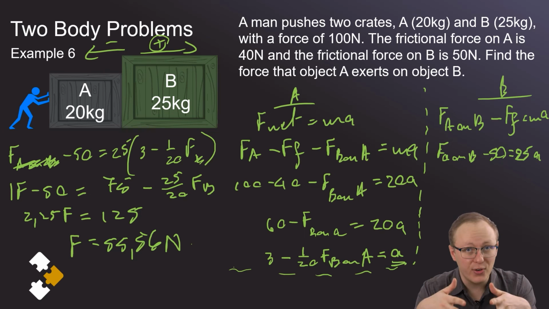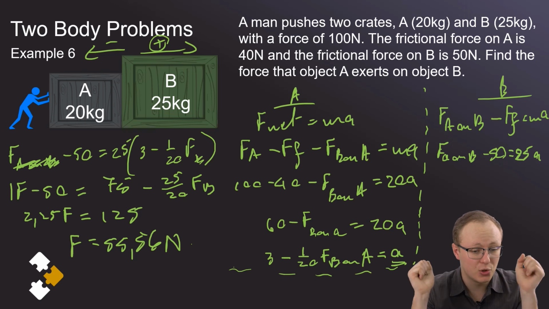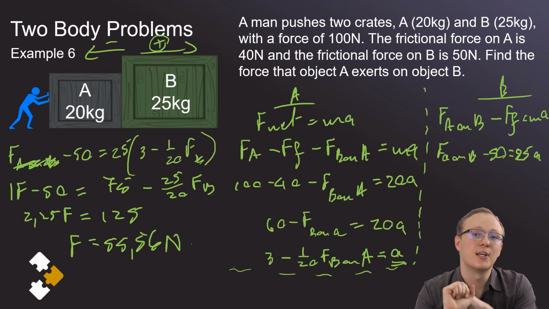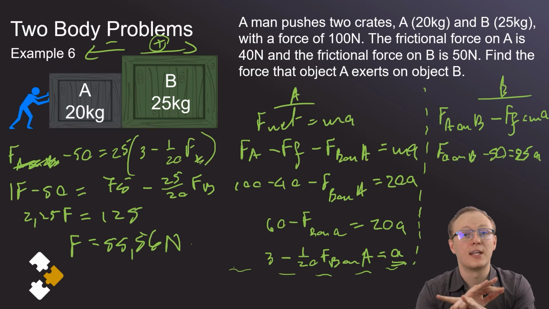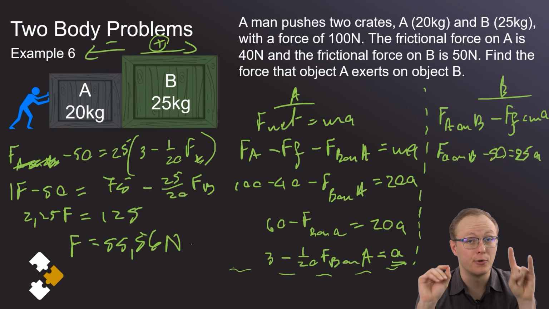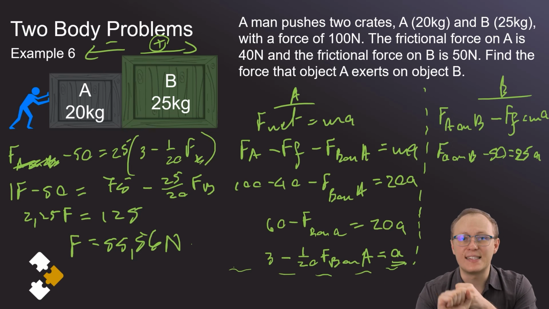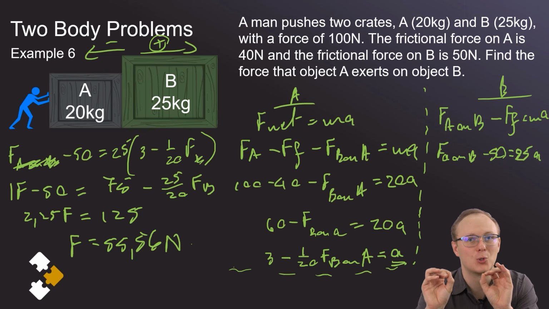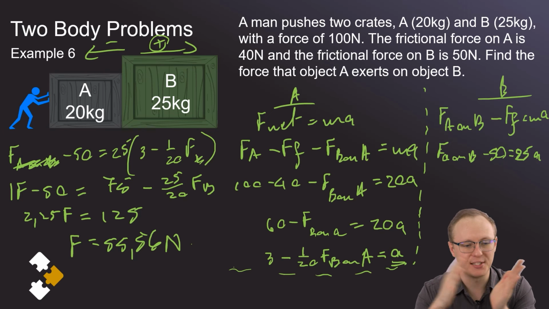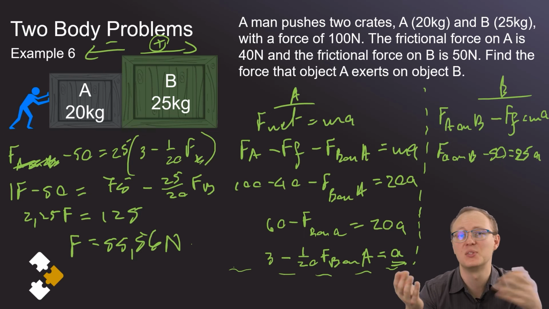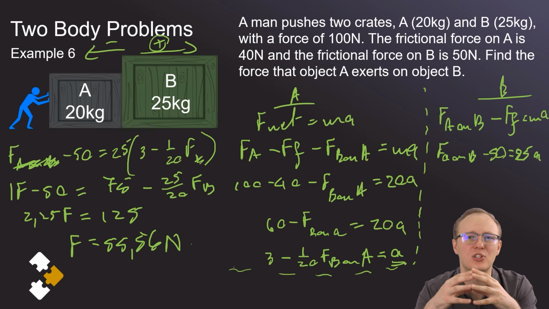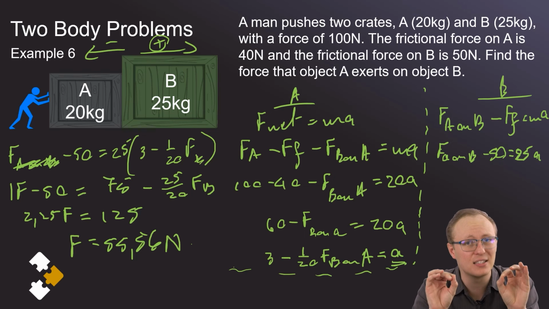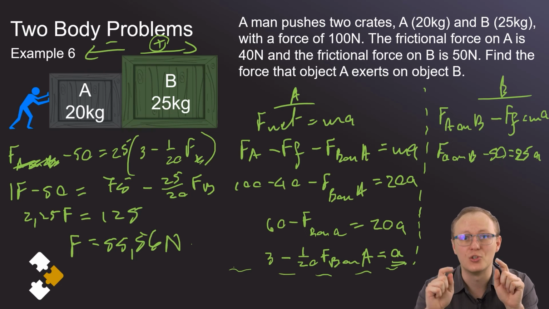Okay, so the very important thing for these two-body problems is that first you use the direction consistently for both objects. You understand that the connecting force, so here it was A pressing on B, pressing on A, and other times it's going to be tension, usually tension, right? You understand that the connecting force has the same magnitude but opposite directions for both objects.